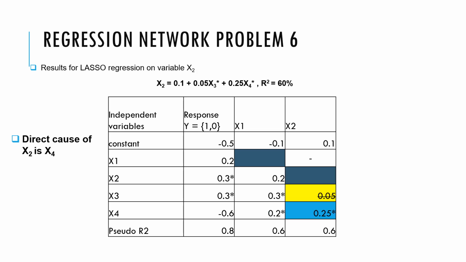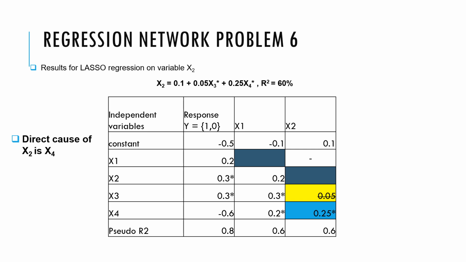Moving forward, our regression equation number 3 for x2, we have a y-intercept of 0.1, a coefficient of 0.05, which we will ignore, and it's listed as statistically significant, but because that is so small, we will ignore it. Plus 0.25, coefficient for x4, noted as statistically significant, and R squared of 60%.